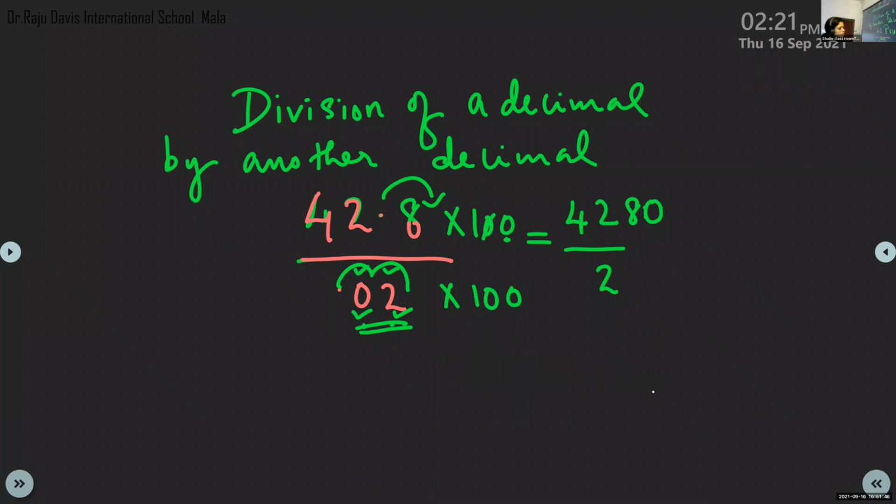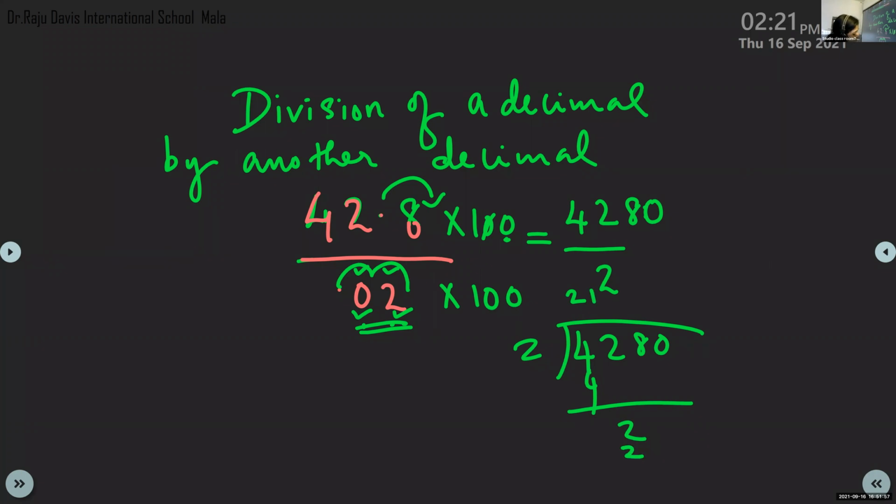Simply divide 4280 by 2. 2 4s are 8, 2 1s are 2, then 2 4s are 8, then 0. 0 also is there. 2 1 4 0. That is the answer. So answer will be 2140.